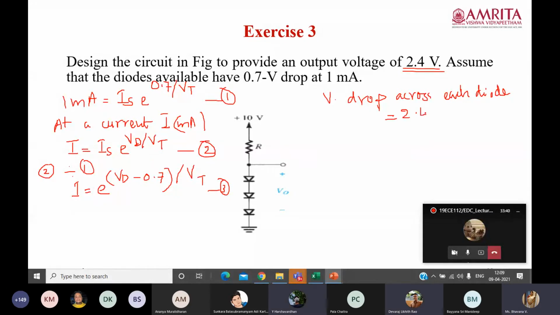Absolutely, 0.8. 2.4 is the total voltage. So 2.4 divided by how many diodes? 3 diodes, which is equal to 0.8 volt.